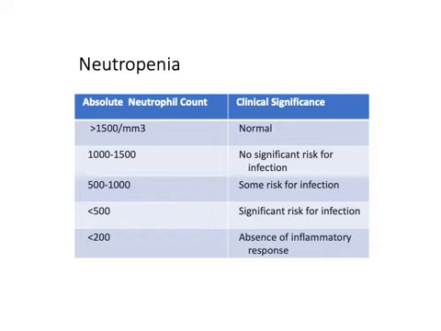Neutropenia is a decrease in your neutrophil count below the normal neutrophil count, usually around 1.5 times 10 to the 9. However, people of African and Middle Eastern descent may have values lower than this, and this has been called benign ethnic neutropenia.